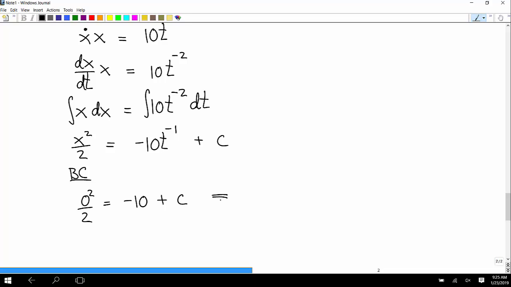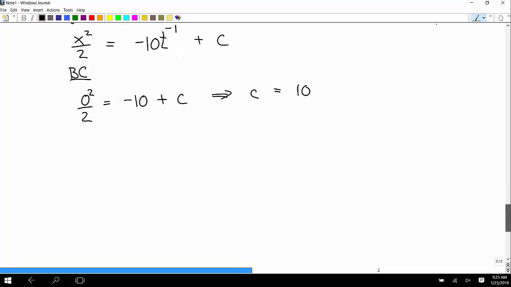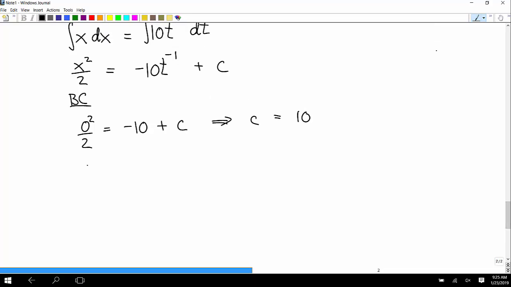And so c is equal to 10. And so x squared over 2 is equal to negative 10 t to the minus 1 plus 10.